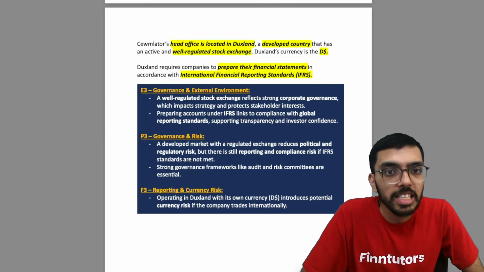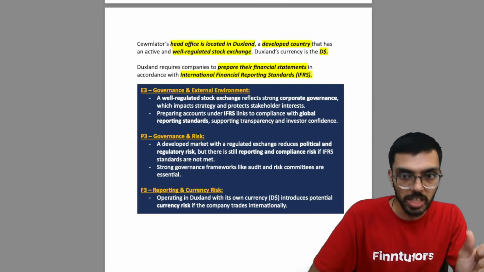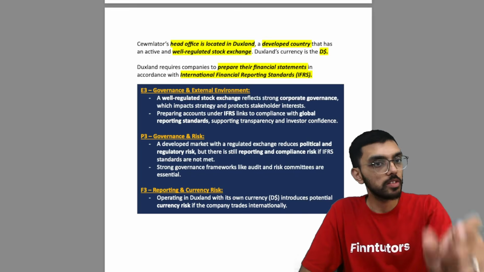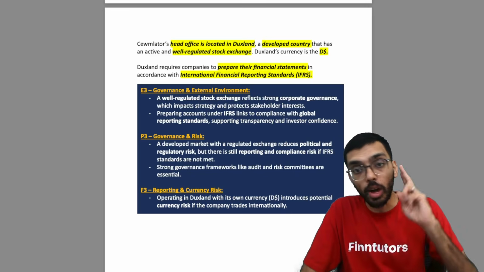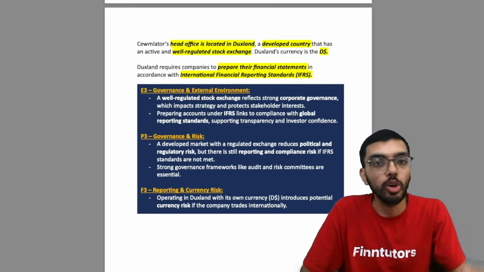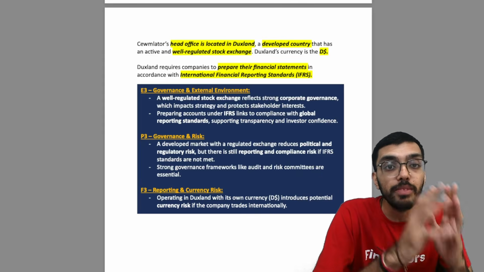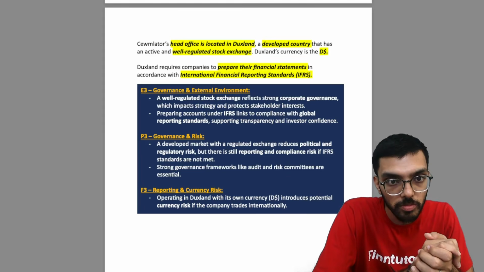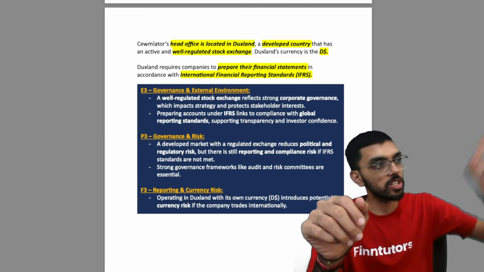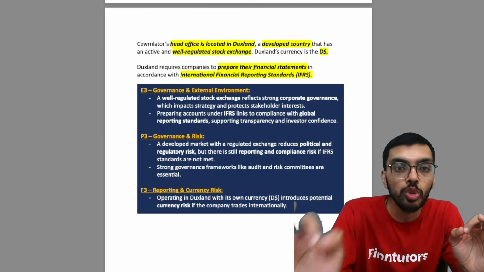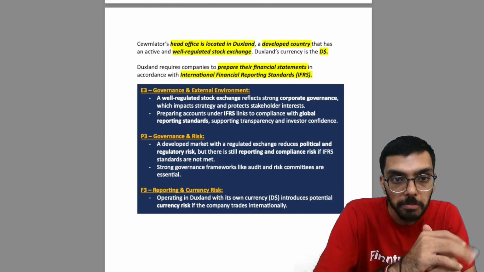Now, very clearly, firstly, you are a fictional company called Cewmlator. Secondly, you are located in a fictional country called Duxland. Duxland is a developed country and it has a very well-regulated stock exchange. A well-regulated stock exchange again tells me that corporate governance rules are going to be key.